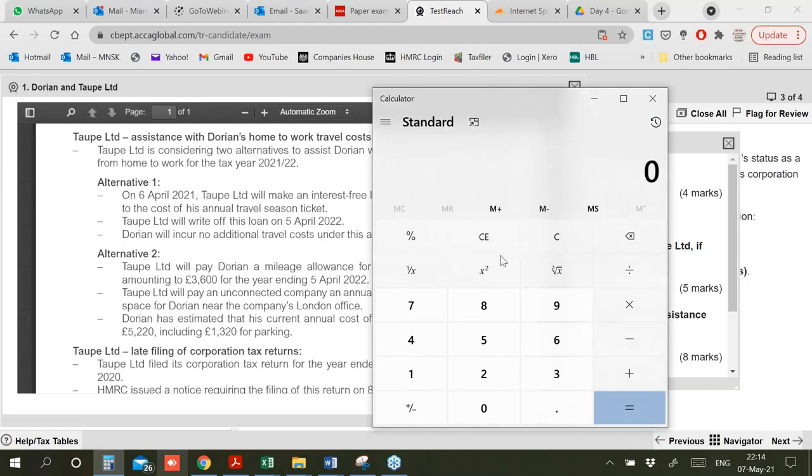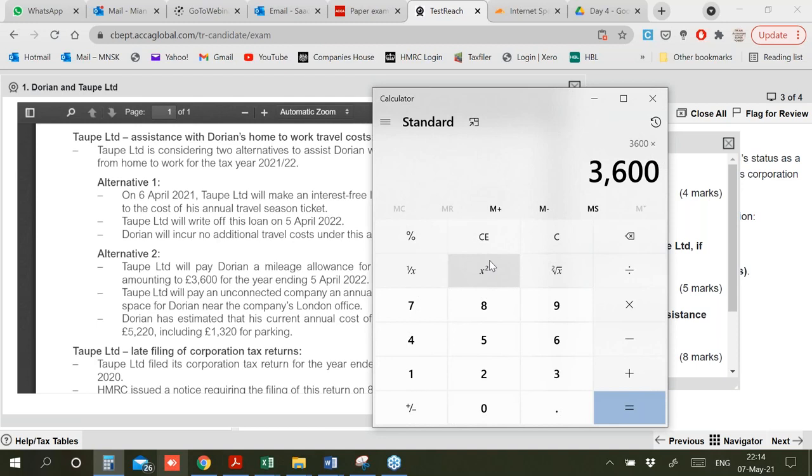Secondly, I have told you that if a mileage allowance is provided for commuting from home to work, it is not regarded as business travel, so it will be a taxable benefit in kind. So on this 3600, 42% will arise, that is 40% tax and 2% NIC.